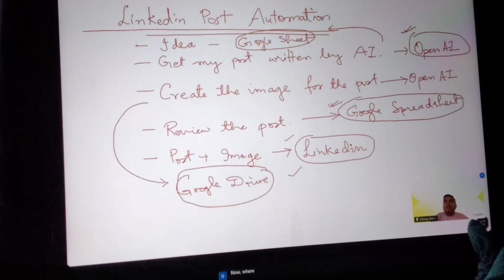Where would you put an idea in a software so that even another software can pick it up? Google Spreadsheet is a good place. So I'll put my idea in the Google Spreadsheet, then I'll take it to OpenAI, then I'll create the image, then I'll review the post, and I will do the bunch of stuff. Okay, so now I'm going to build this exact LinkedIn post automation for you step by step.